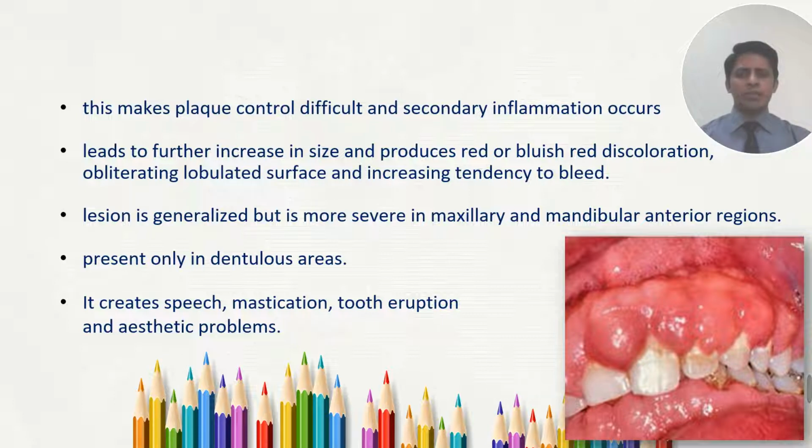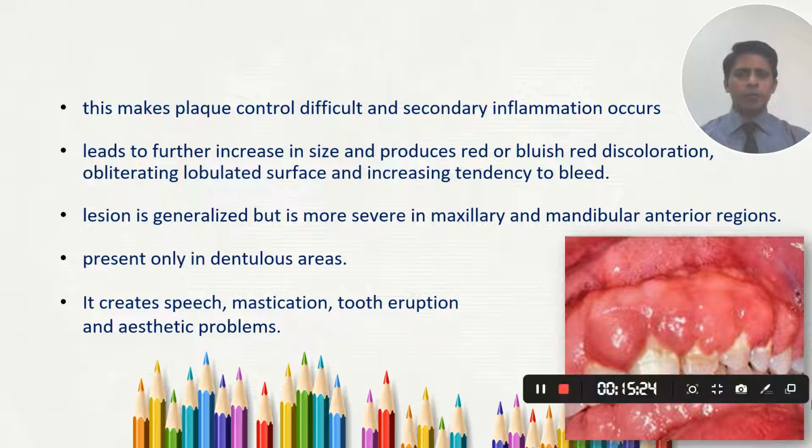The lesion is generalized but is more severe in the maxillary and mandibular anterior regions, and is present only in the dentulous area. It is not seen in edentulous areas. It creates problems with speech, mastication and tooth eruption, and aesthetic problems.